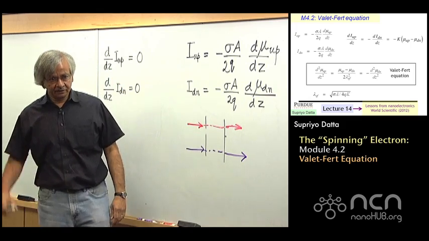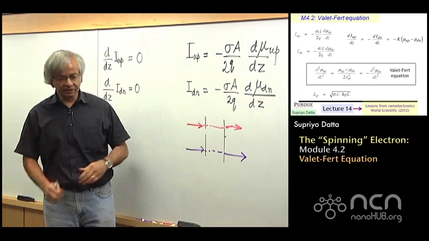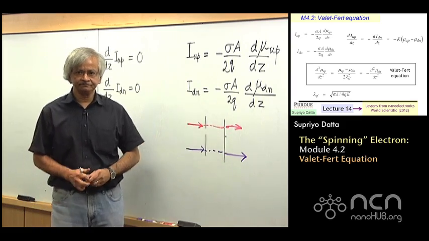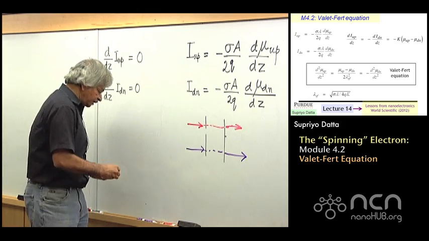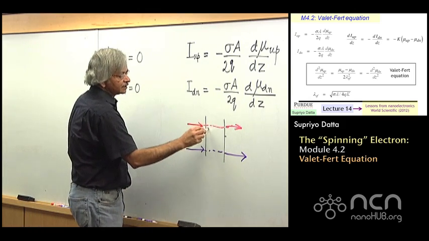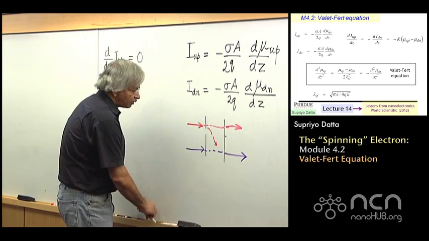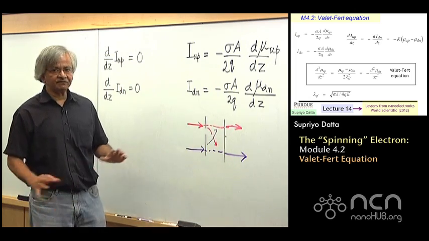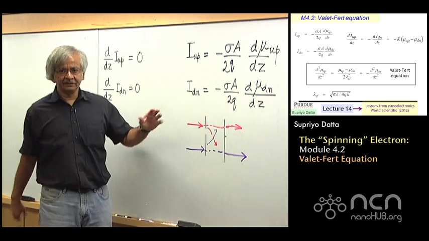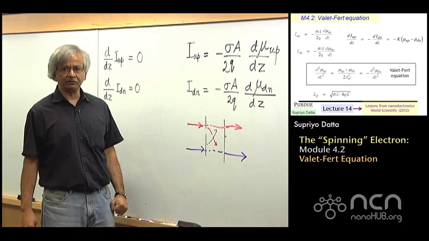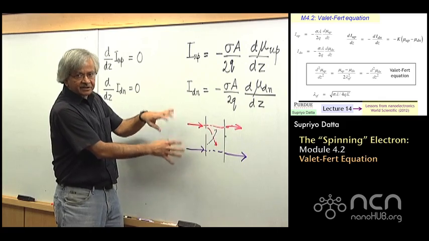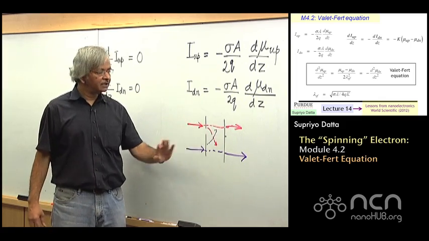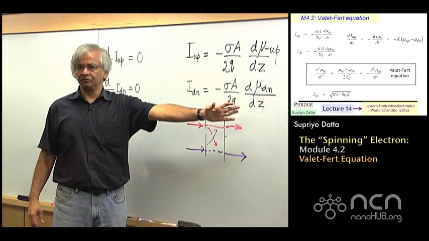But the spin flip processes take reds and turn them into blues, and the blues back into reds. You see? So you have this intermingling of the channels. Things can go this way, and things can go up that way. So if I look at the full thing, that of course still must balance out. In other words, if I counted all the reds and blues that came in from here, let's say 30 of them per second, then together 30 per second should be going out there.